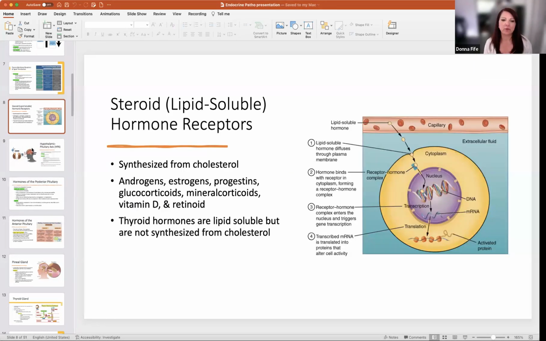Steroid lipid-soluble hormone receptors: these are synthesized from cholesterol. Androgens, estrogens, progestins, glucocorticoids, mineralocorticoids, vitamin D, and retinoids are lipid-soluble hormones. Thyroid hormones are lipid-soluble, but are not synthesized from cholesterol.